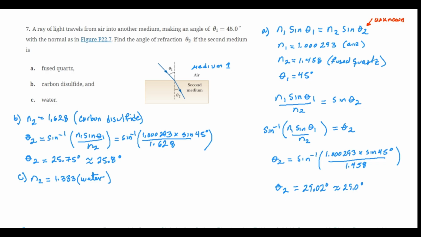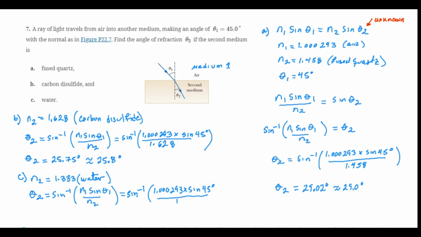So theta 2 is the inverse sine of n1 sine of theta 1 over n2. So it would be the inverse sine of 1.000293 times the sine of 45 degrees, all divided by 1.333, that is the index of refraction.